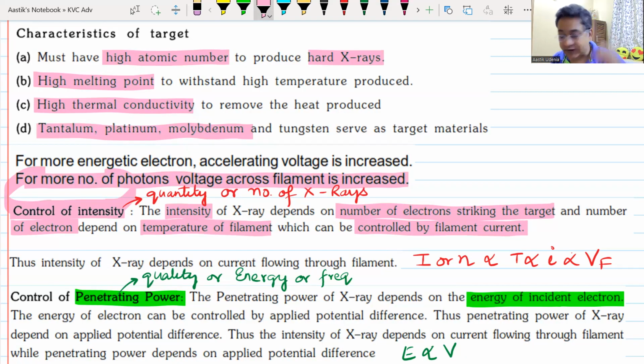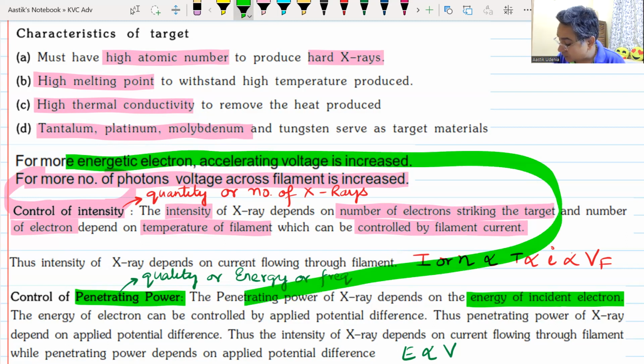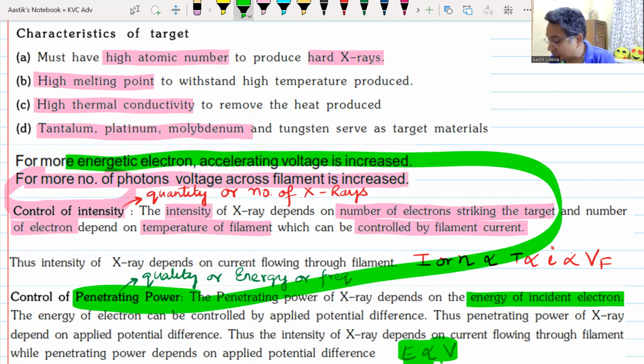That depends on the filament current. For more energetic photon, we need more voltage. Do we understand this? Yes, sir. I'll give you 2 minutes to note this down.